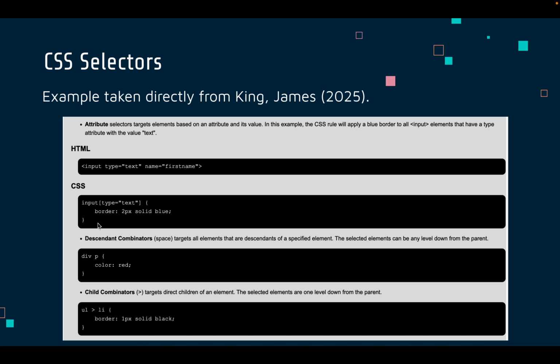It will do it to any input text. Descendant combinators target all elements that are descendants of a specific element. For example, here the paragraphs within the div, they'll make them the color red. Any children within that.